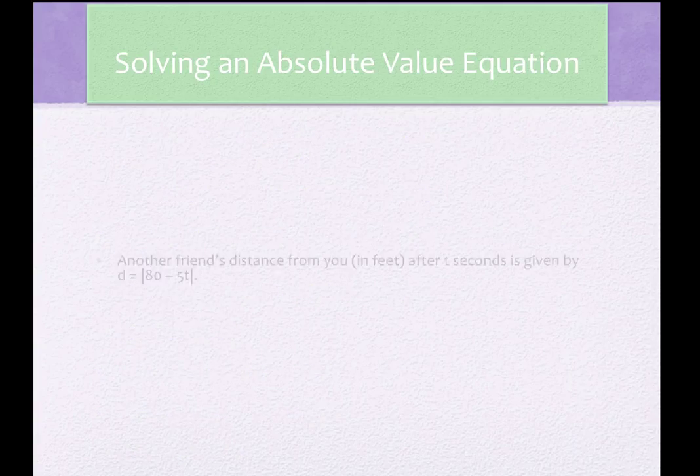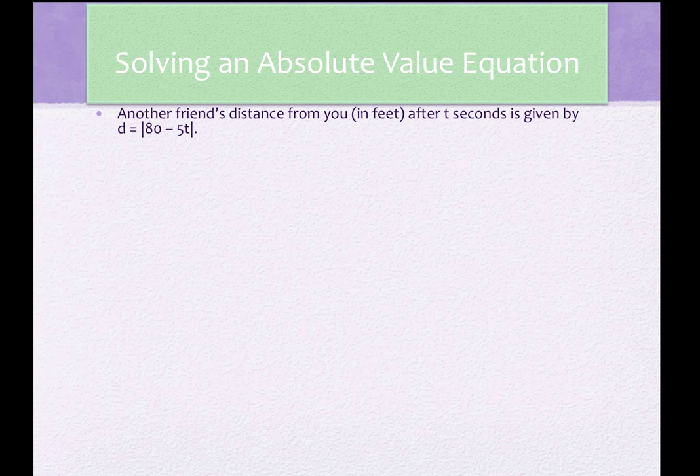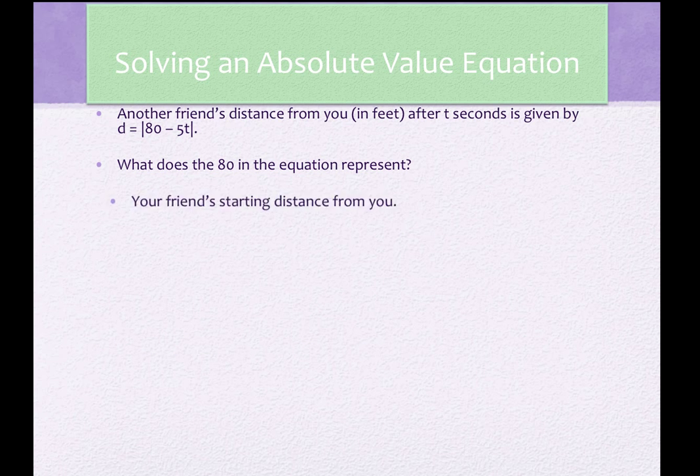Now we're going to have you try one. Another friend's distance from you is d equals the absolute value of 80 minus 5t. First, what does the 80 in the equation represent? Your friend's starting distance, just like in the last one, only it was 100.